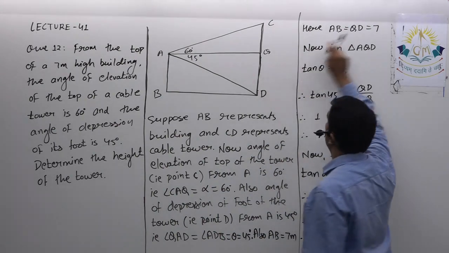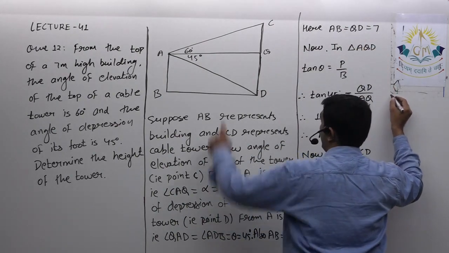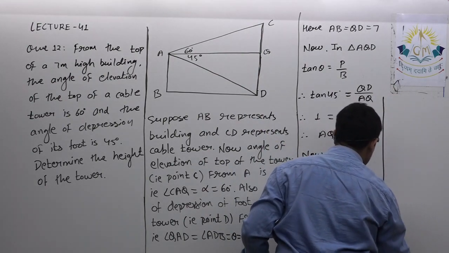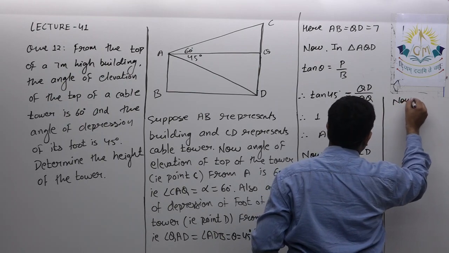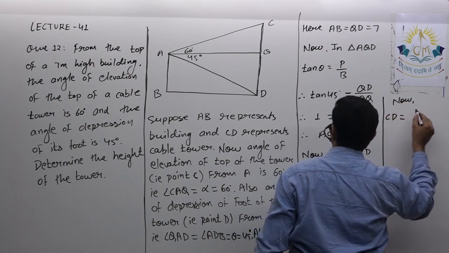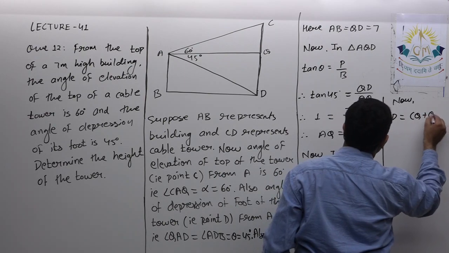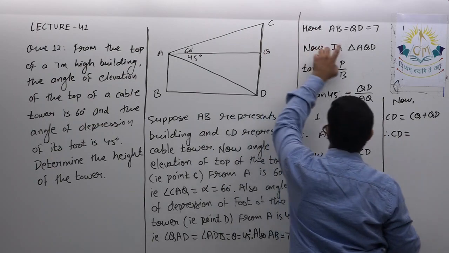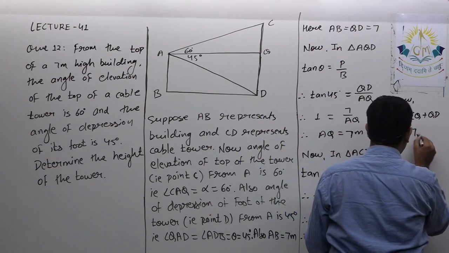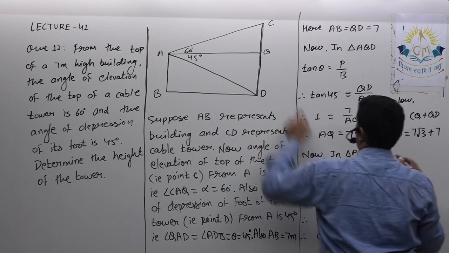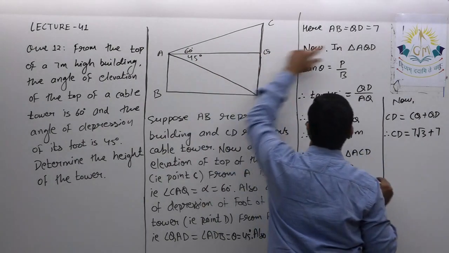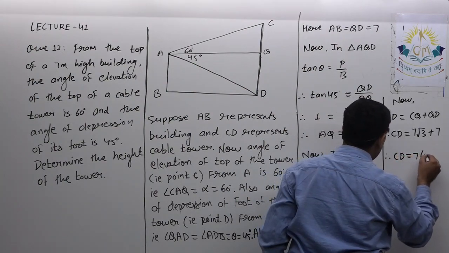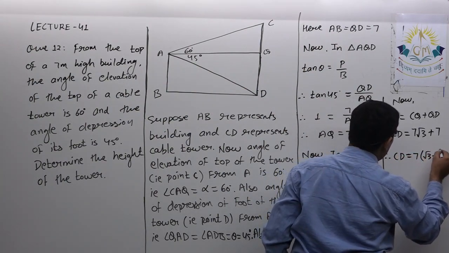QD is already given to us, so it is possible to find the length CD. So here I will find the CD. CD is equal to CQ plus QD. Therefore CD is equal to, now CQ is this 7 root 3 and QD is 7, because QD equal to AB, which is equal to 7. Therefore CD is equal to, if I take 7 common, it will be 7 times root 3 plus 1.